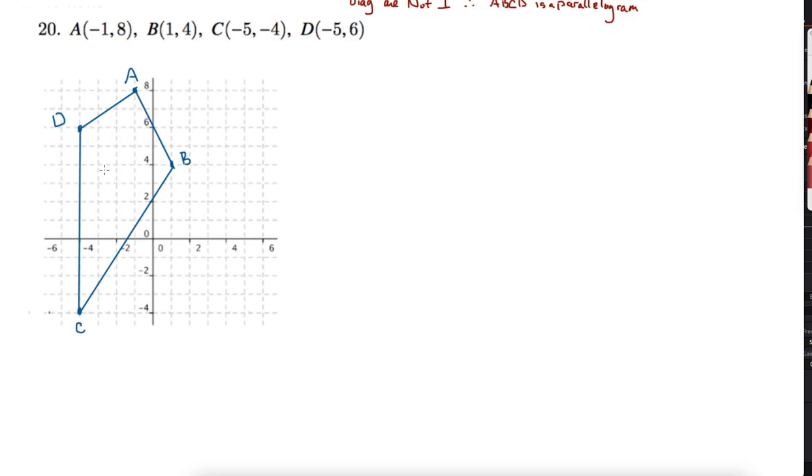So it's not a parallelogram, clearly. Let me just make sure I plotted my points correctly. Negative 5, negative 4, negative 5, 6, and what do I have here? Negative 1, 8.